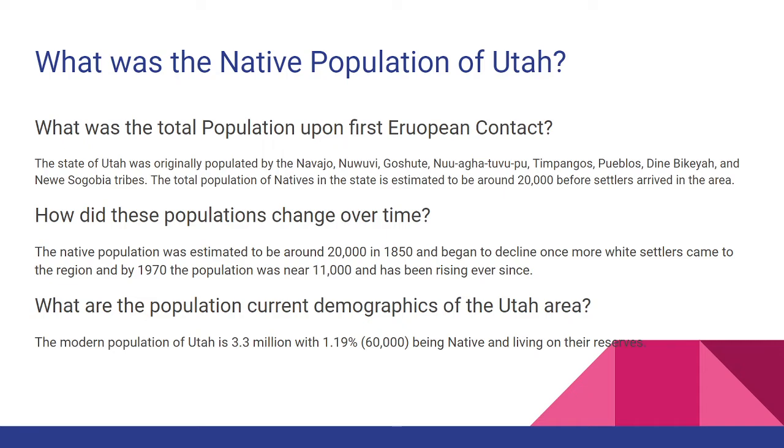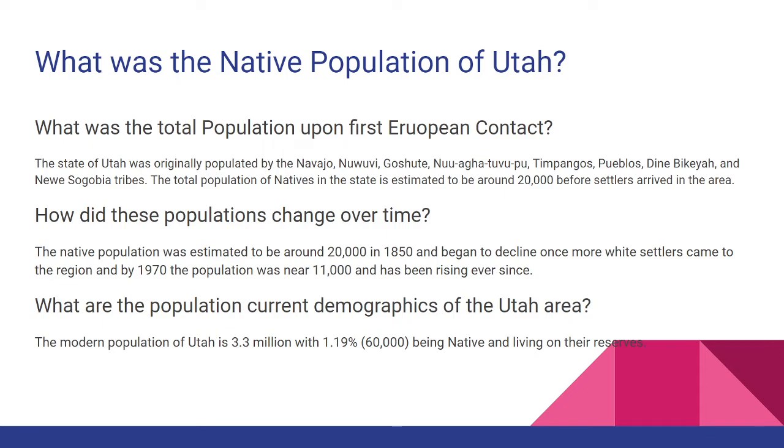Well, it was originally estimated that the total native population was 20,000, and it went into a decline after the colonization of the area took hold, and by 1970 it was near 11,000, which was its all-time low, and has been rising ever since.